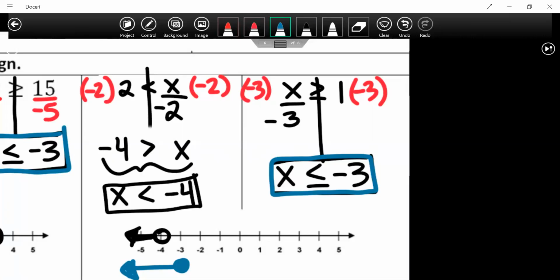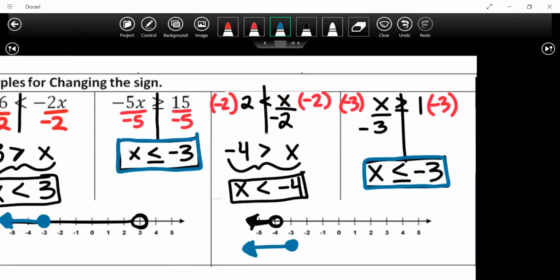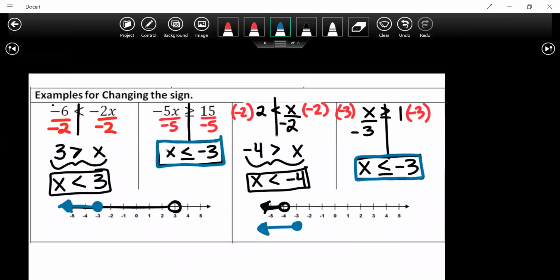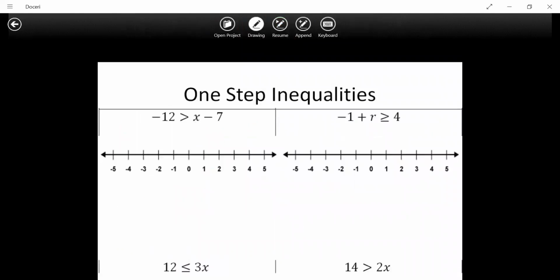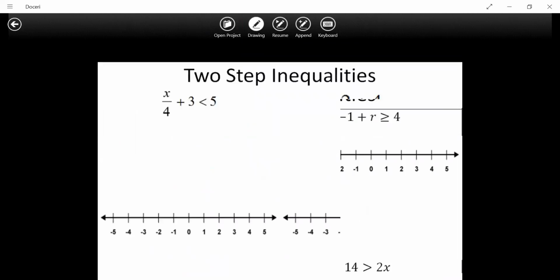That's pretty much it. We're going to do a couple more problems, harder problems. Okay? Can we try a couple more out? Here we go. Okay. Let's look at these two. These two are nice.